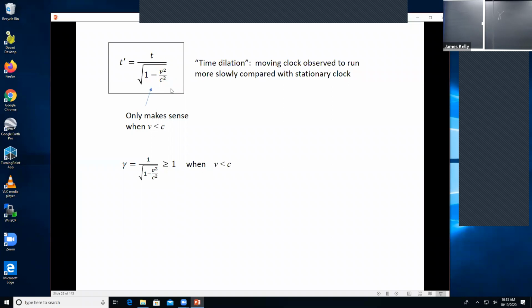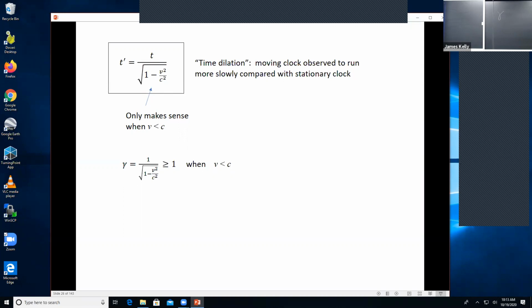And then when I take the square root of a small number, I still get a small number. You don't have to worry about the details of exactly what happens. But the denominator starts to get small. And when you divide by a small number, you make your ratio bigger, right? Dividing by a small number makes it bigger. And that means when v is very close to c, this gamma starts to get bigger and bigger, and it actually goes off to infinity.